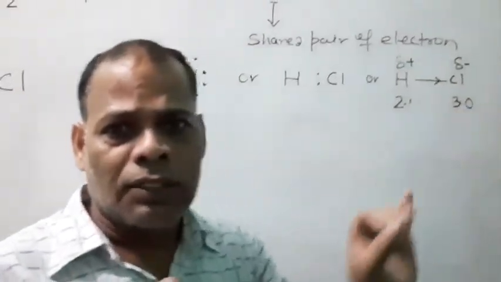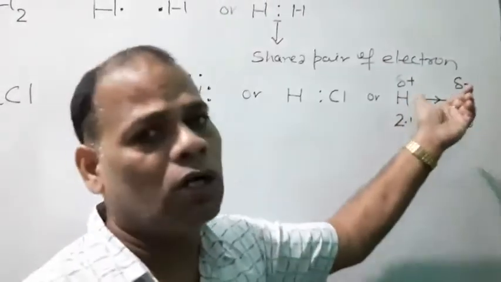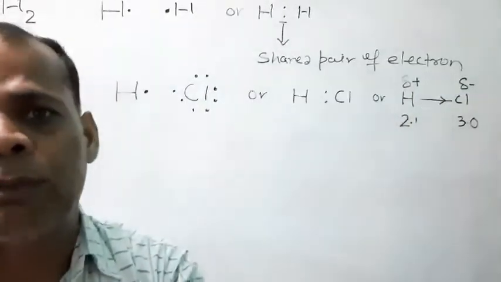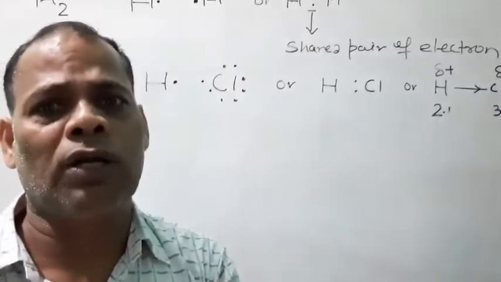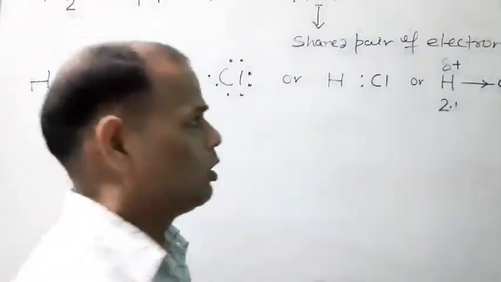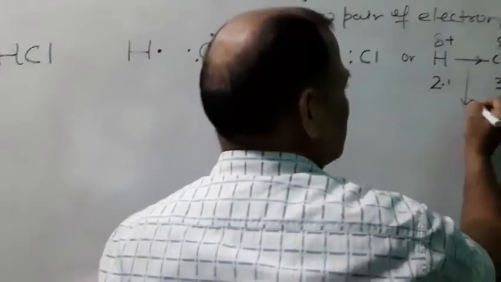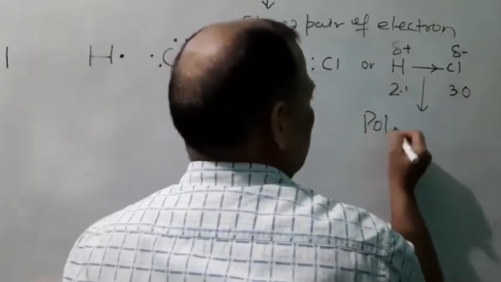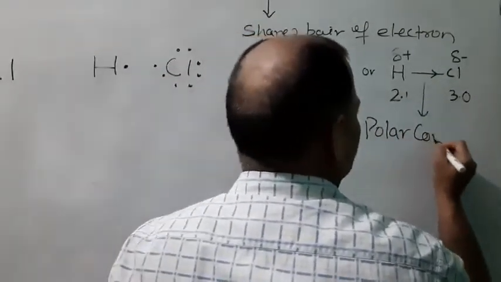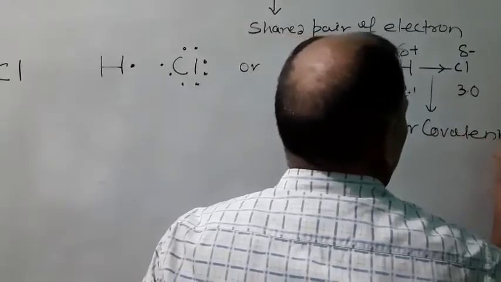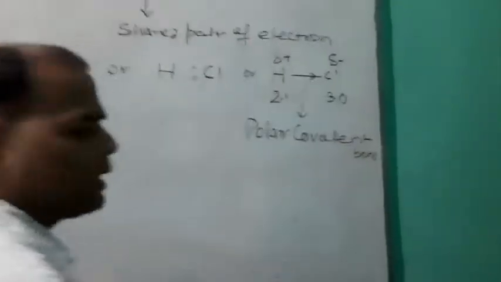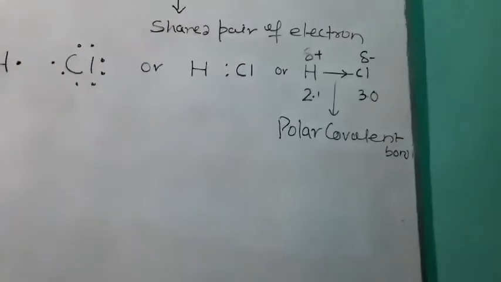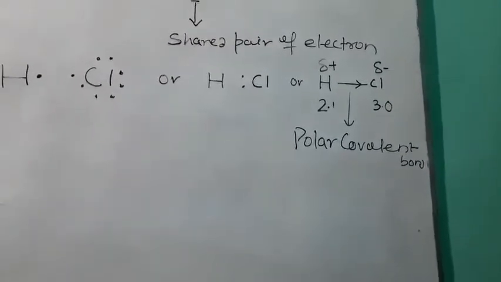As a result, the bond thus formed is called polar covalent bond and the molecule is called polar covalent molecule. So HCl is called a polar covalent molecule.